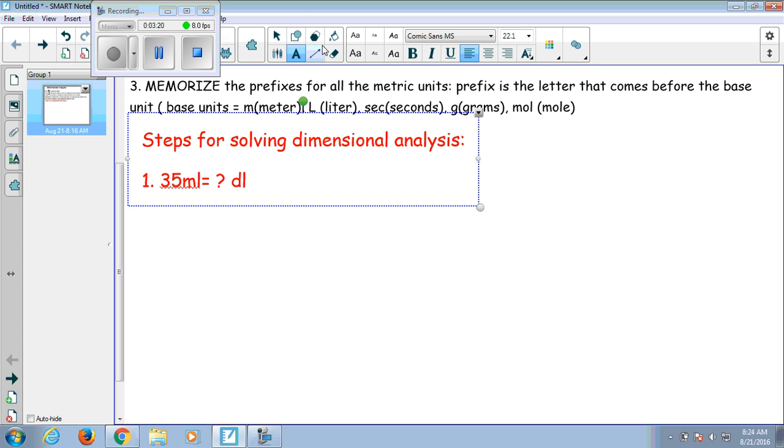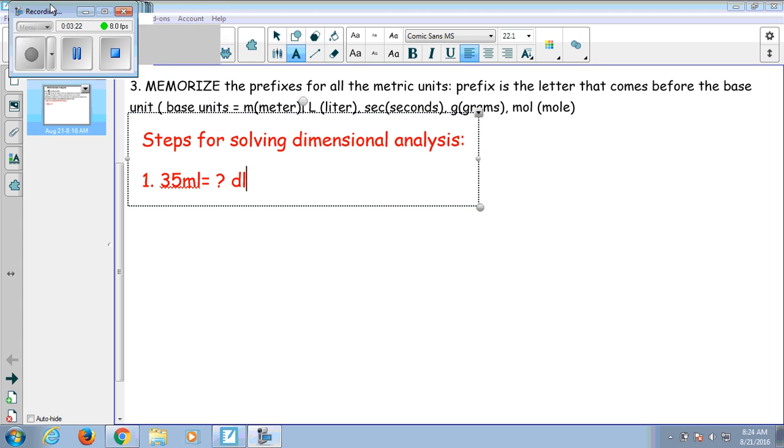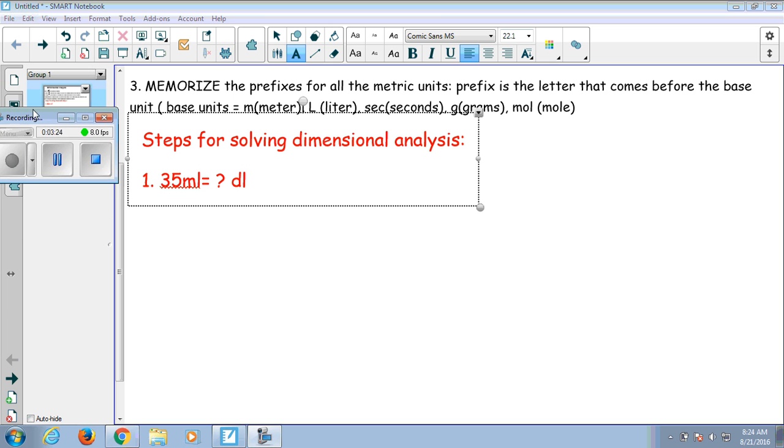So first, let's identify our prefixes and our base units. So in this problem, milli is our first prefix, and deci is our second prefix.